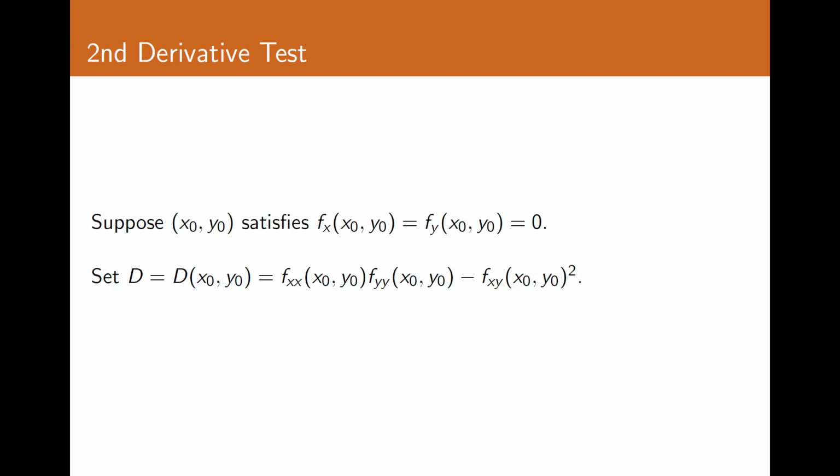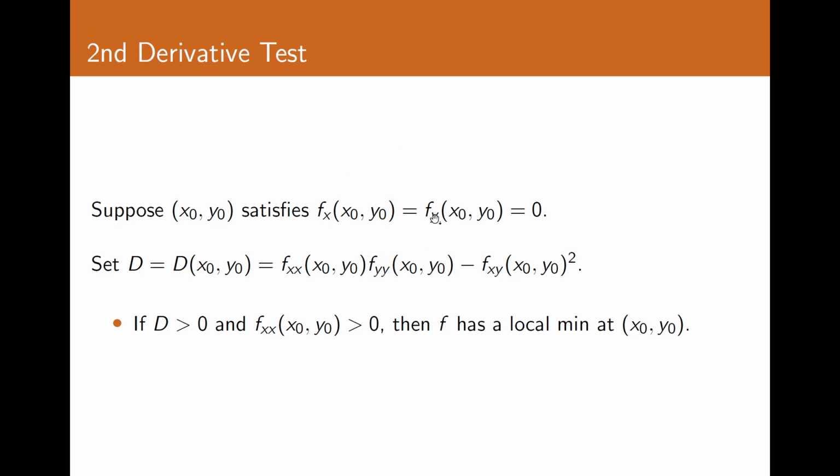If you have experience with matrices, you can see that this D is the determinant of the matrix where you have f_xx in the upper left corner, f_yy in the lower right corner, and f_xy on the off-diagonals. This is our important quantity. We don't have a single second derivative to look at, so this is taking the place of that.